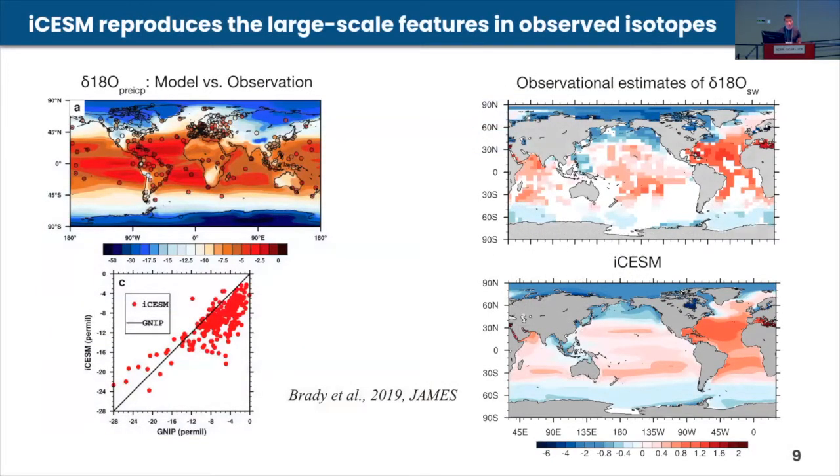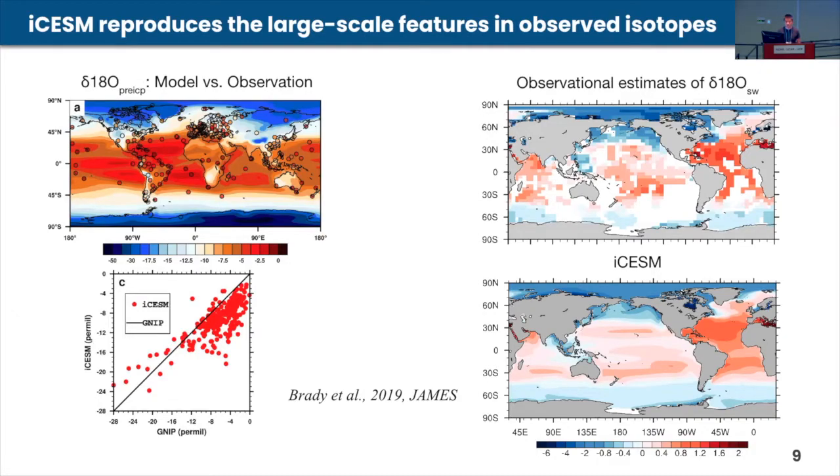Here are a few plots showing you the validation of iCESM against present day observations. On the left, we have delta 18O in precipitation, model against observation, and at the bottom is a scatter plot. On the right, we have delta 18O in seawater. The top is observation-based estimates, the bottom is the CESM simulation.